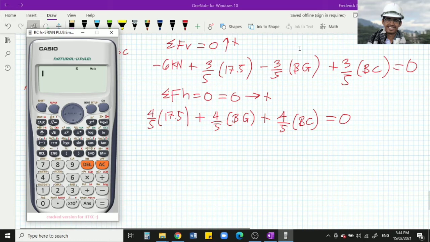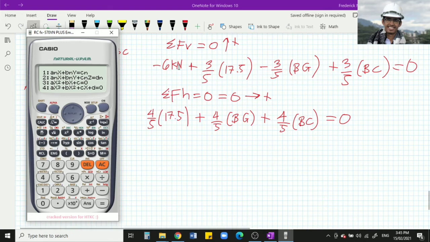So, i-simplify lang natin yung ating equation kasi yung gagamitin natin dito is yung mode 5, so that will be equation, and yung 1. Okay? Yung 1 yung gagamitin natin, so that will be itong ax plus by is equal to c.